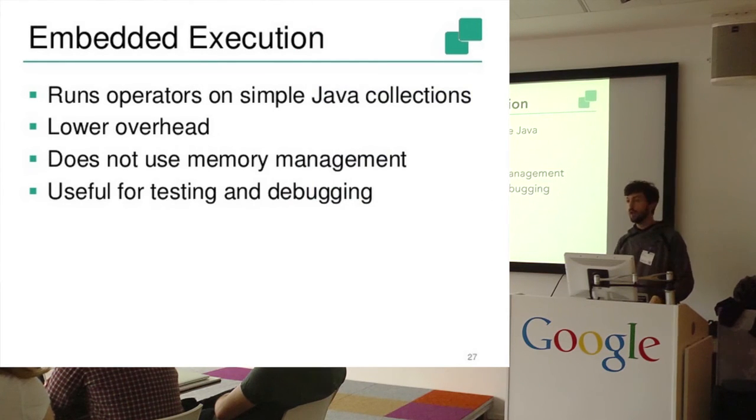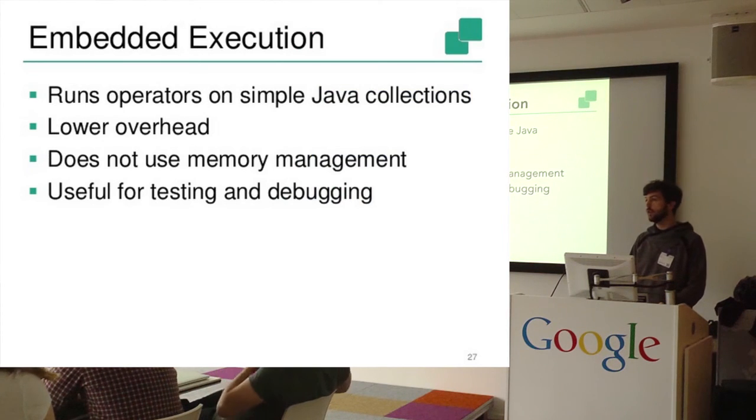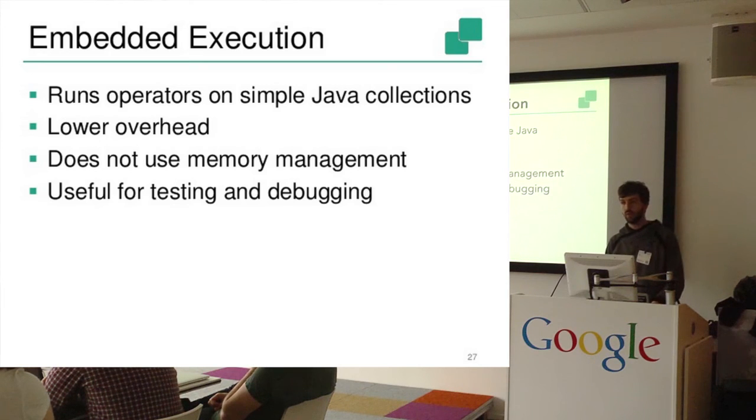Then we also have an embedded mode, which is a lightweight way of executing a Flink program. It does not actually start all the task managers, but instead it simply executes all the transformations directly on Java collections, which can be very useful if you work in an embedded environment where you want to perform some quick calculations which don't require a cluster, and you want to use Flink as well.